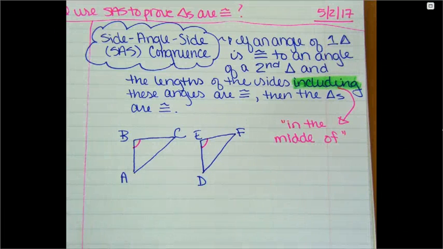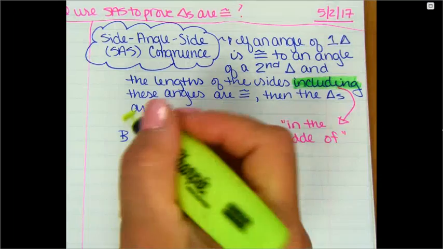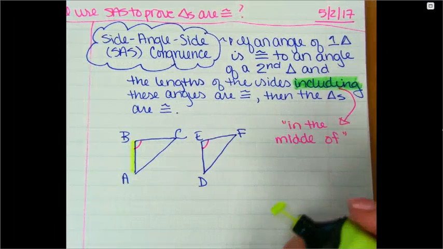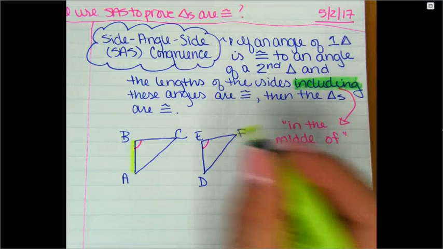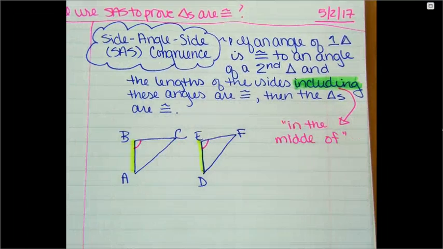Then it says you have two sides that include the angle. So the angle is in the middle of those two sides. So here's side 1, which is side AB, and that corresponds to what side on the other triangle? DE. Right? And then, because the angle has to be in the middle, what's the other side I'm going to talk about? BC and EF. Good, bless you.